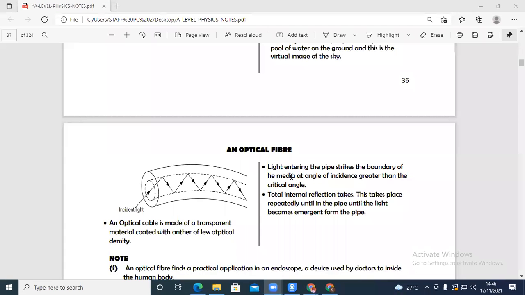So optical fibers, you have only 1 minute and then you come back. Optical fibers are made of a transparent material coated with glass inside. These materials are used to transmit data, for example, communication. When a ray of light enters the pipe, it strikes the boundary of the medium at an angle of incidence greater than the critical angle.